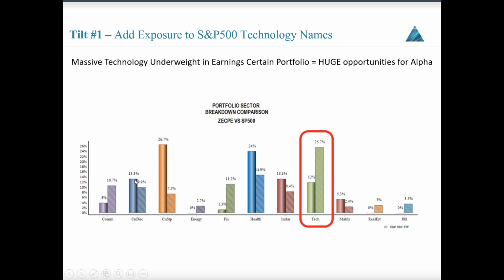We've got the most earnings stable names in discretionary, in staples, in healthcare. So if those sectors have outperformed the broader S&P 500, then surely the stock picks within the Earnings Certain portfolio are going to crush the S&P 500, and that's what we're experiencing. And we'll get to the stats on the performance side when we get further down in the deck.